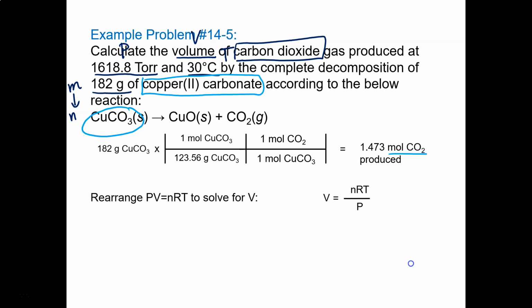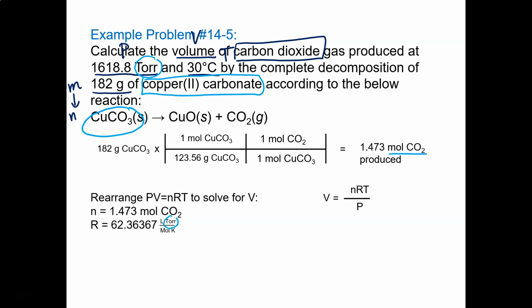So first of all, what is N? So N should be 1.473 mole of carbon dioxide, which is what we found in step number 1. And then what is R? R should be this number because the unit is torr, and that matches the unit we have here.